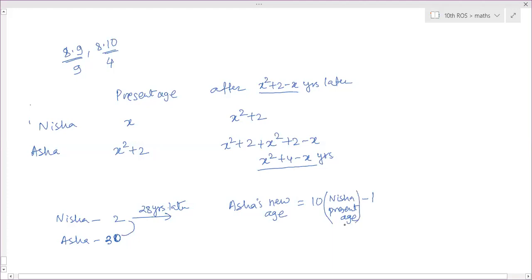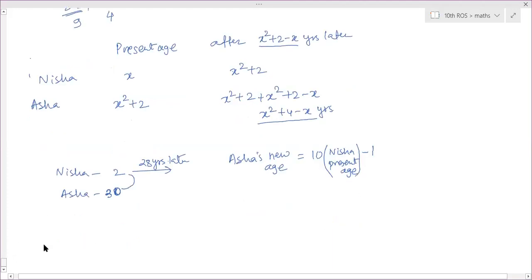Clear? Now substitute the values. What is Asha's new age? x square minus x plus 4. Ma'am, is it not 2x square minus x plus 4? Yeah, 2x square, sorry. 2x square minus x plus 4 is equal to 10 into Nisha's present age, x minus 1.